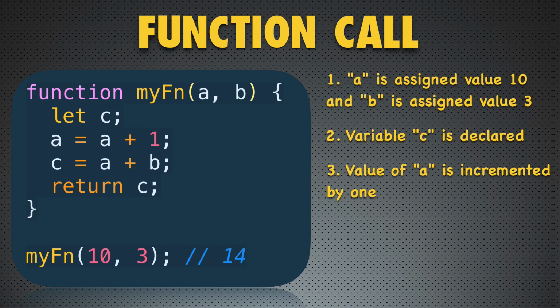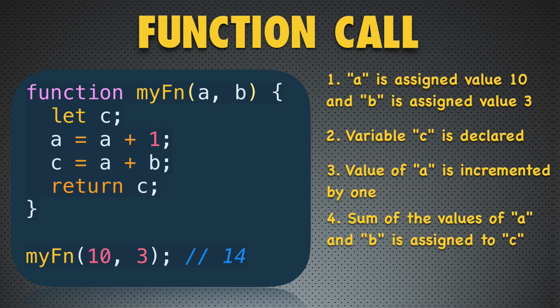Then, at the next line, c equals a plus b, we will sum the value of a and the value of b. a is currently 11 and b is 3. That's why c will be assigned the value 14. And finally, we reach the last statement, return c.